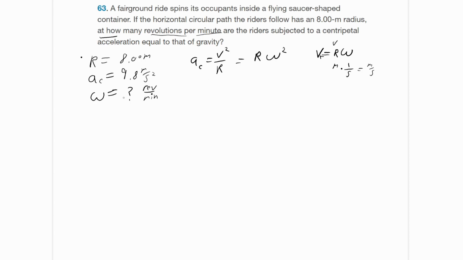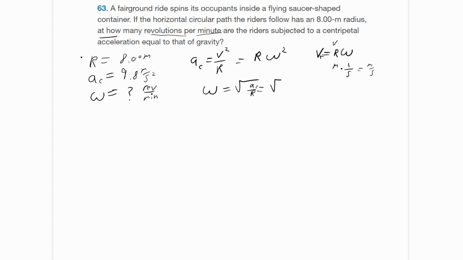All right, so we're looking for angular velocity, but we're given information, this 9.8 meters per second squared, in terms of the centripetal acceleration. And we're given the radius, so it looks like all we're solving for is the angular velocity. So we can just rearrange this equation for angular velocity. Angular velocity is going to equal the square root of the centripetal acceleration divided by the radius.